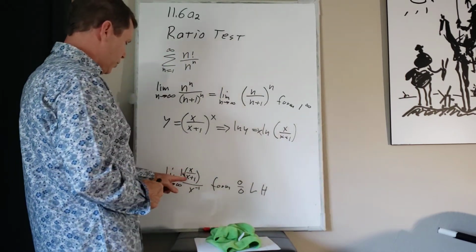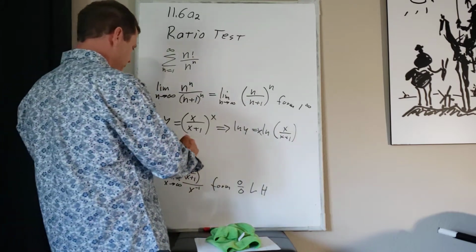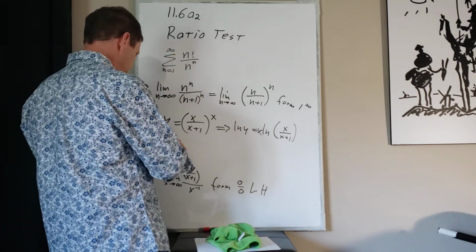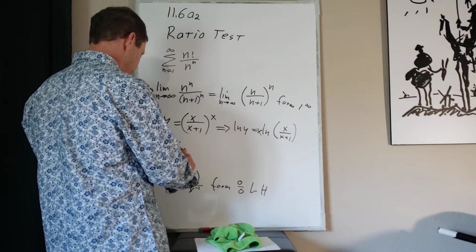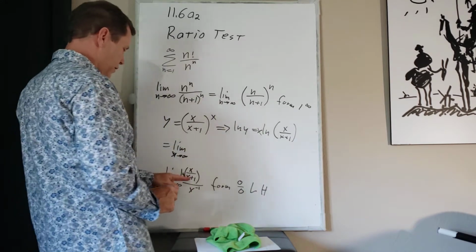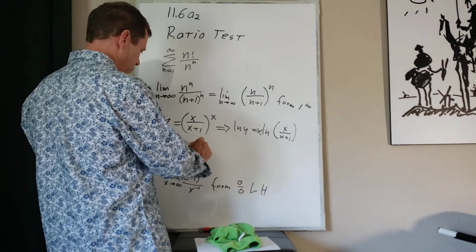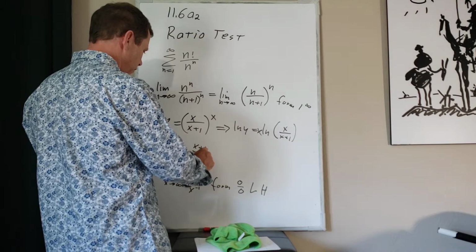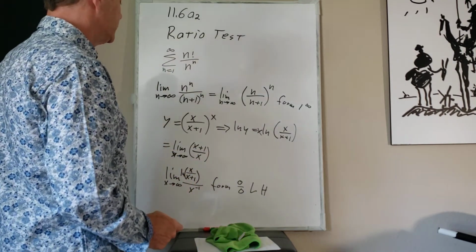Okay, so take the derivative of this. What's the derivative of this going to be? Derivative of the top. So by L'Hopital's rule, this is going to equal the limit as x goes to infinity. Derivative of this guy is going to be 1 over this. So that's going to be 1 over, it's just going to flip it, x plus 1 over x. And I can multiply by the derivative of the inside. The inside is going to be a little bit of a pain.